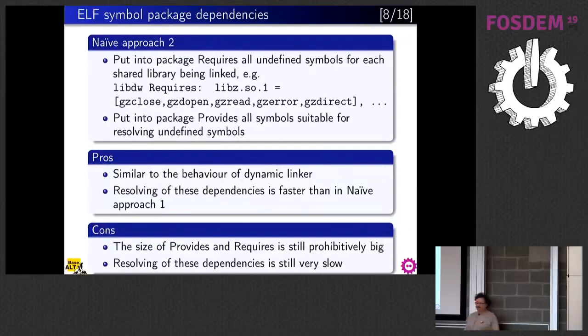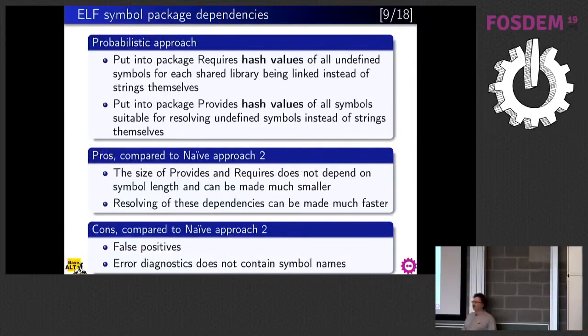So while it's somewhat faster than the first approach, because all these names are associated with some libraries, yet they're still too big because of the unlimited length of symbol names, and resolving is therefore quite slow, too slow to be acceptable.